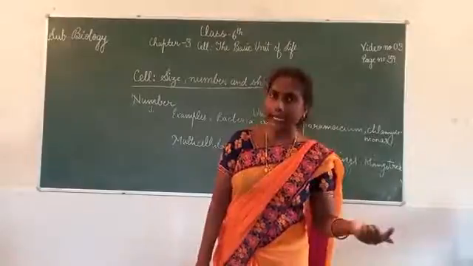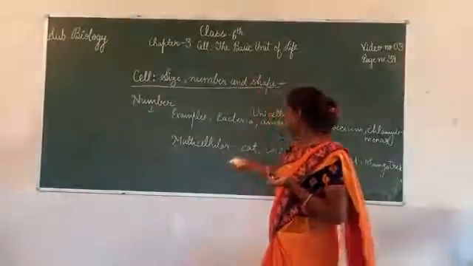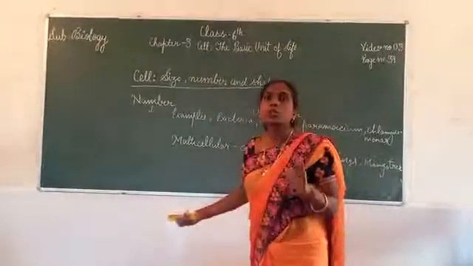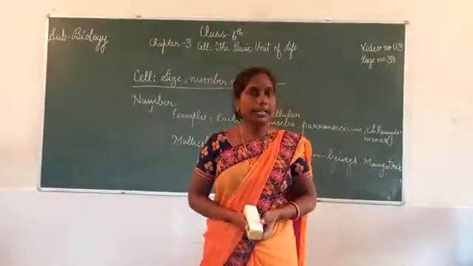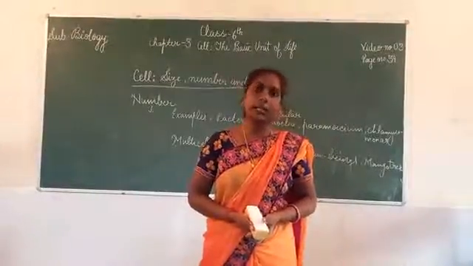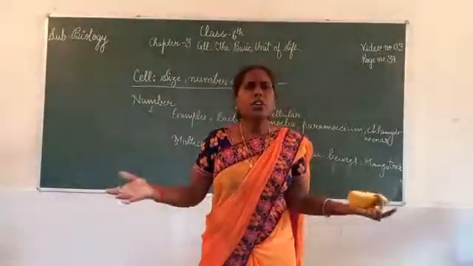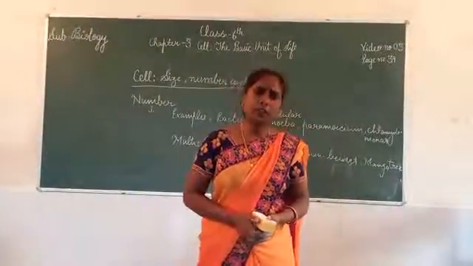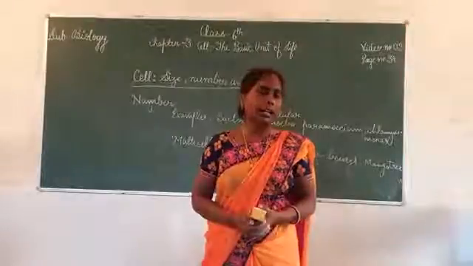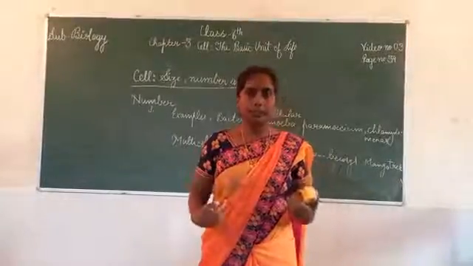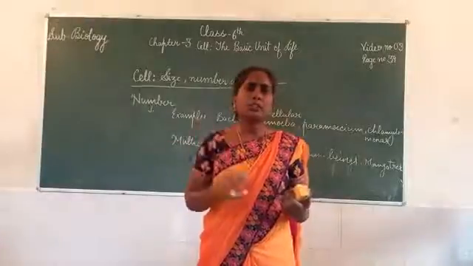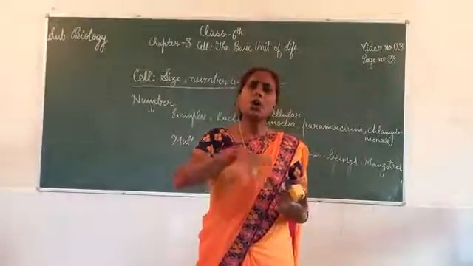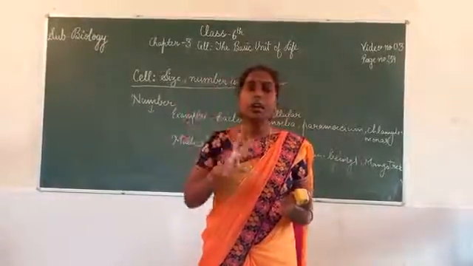On the other hand, multicellular organisms are those organisms in which more than one cell is present. Lots of examples of multicellular are there. Human beings, cat, dog, buffalo, deer, neem tree, mango tree, hibiscus, rose, lotus, all are the multicellular organisms.